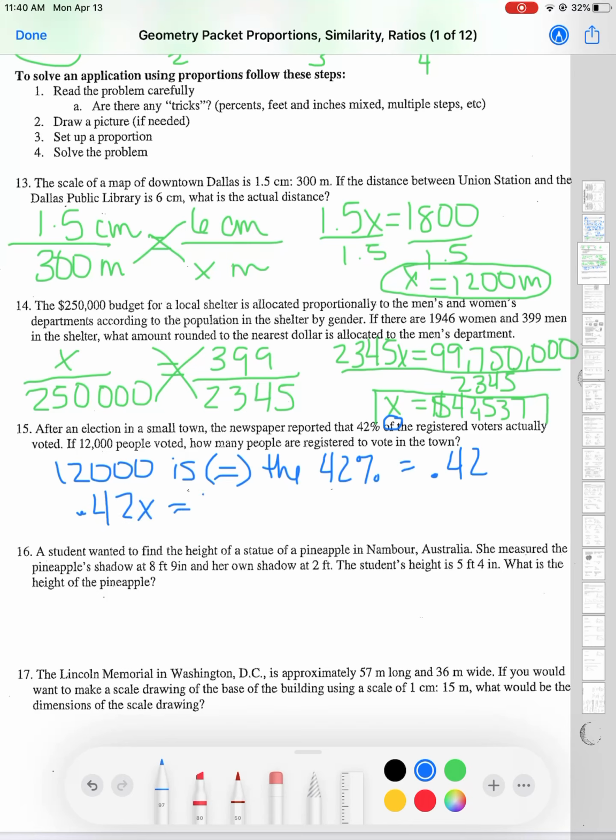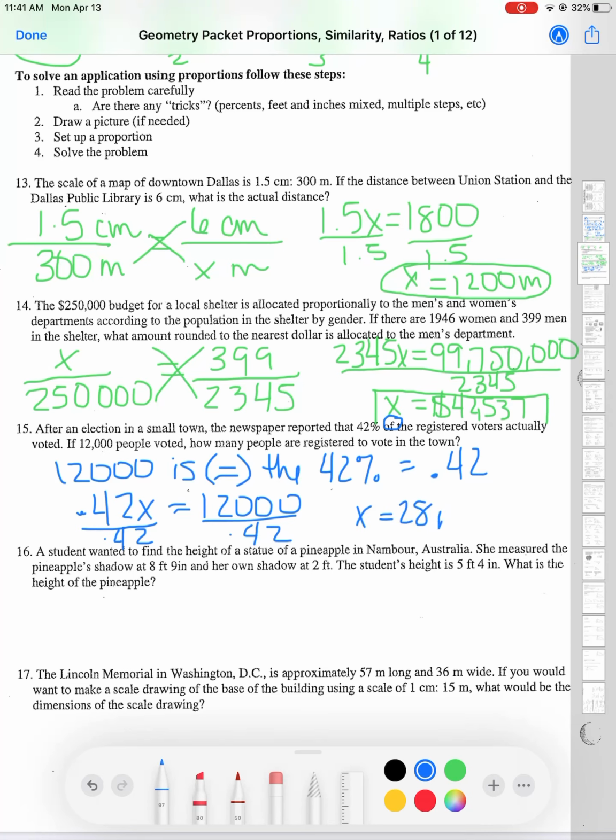So 0.42x equals 12,000. Because what percent of means multiply, that's why we're attaching the x to the 0.42. So now we're going to divide by 0.42, divide by 0.42.